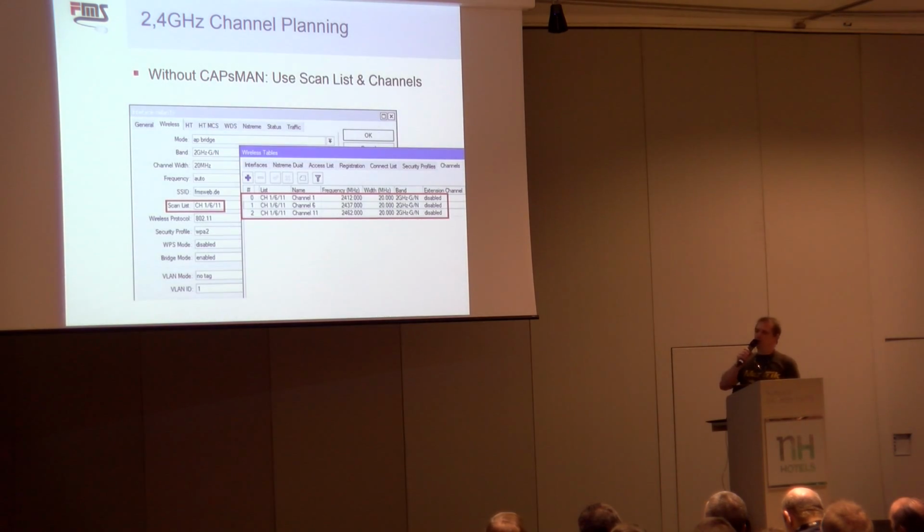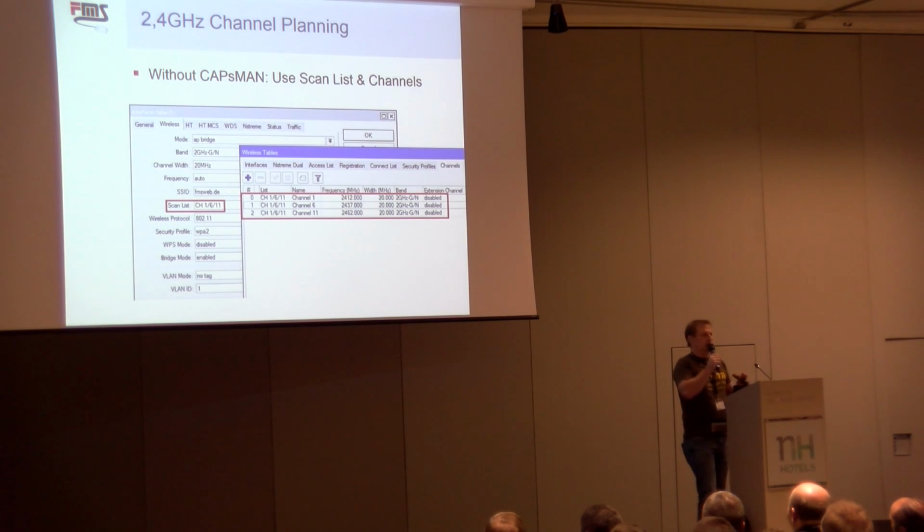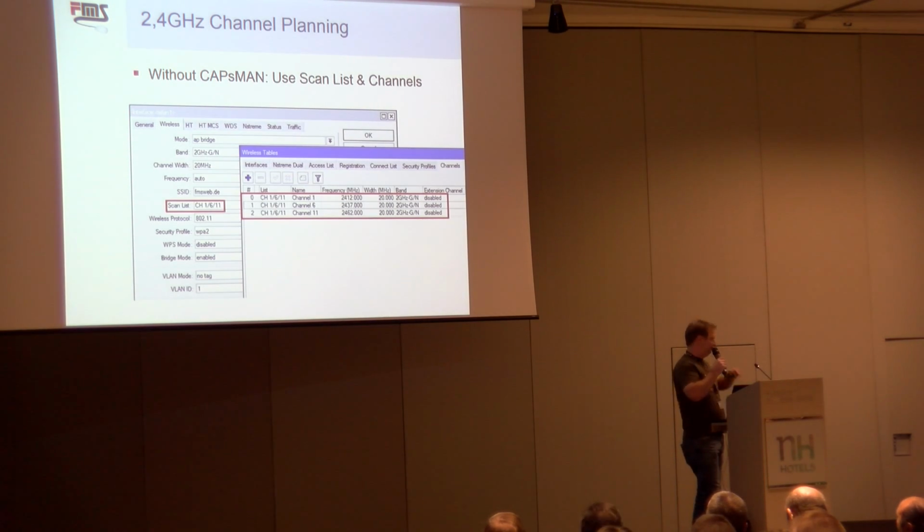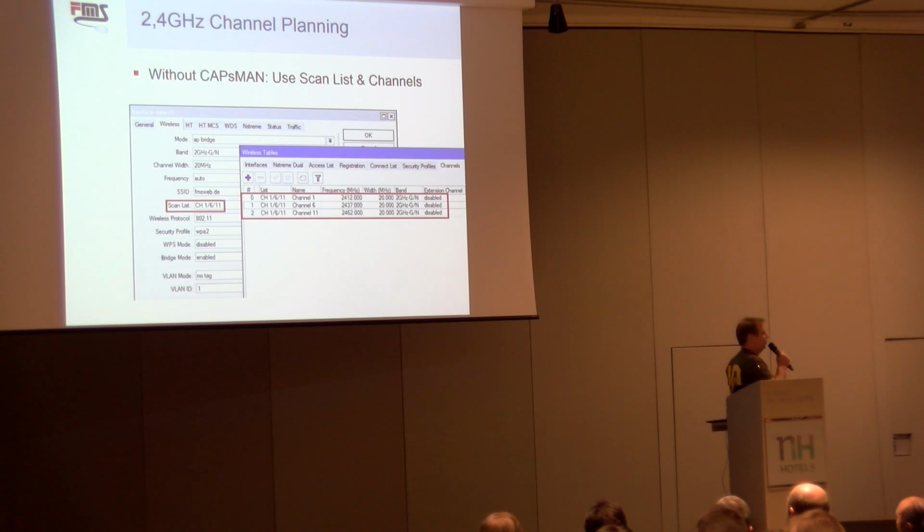And if you do so on a MikroTik access point directly, we have very convenient features to do that. By today, we can even create our own channel list, what I do here on the right-hand side. So I add my own channel list, I add the channels 1, 6 and 11, I tell them their center frequency, and I tell them that they shouldn't be wider than 20 megahertz, and also which Wi-Fi standard to use.